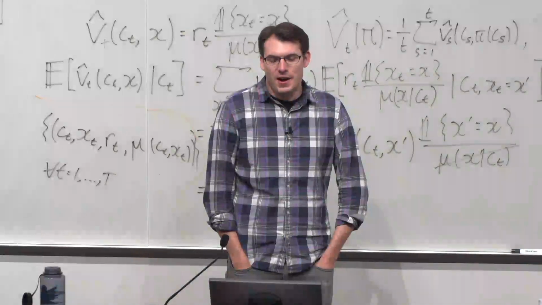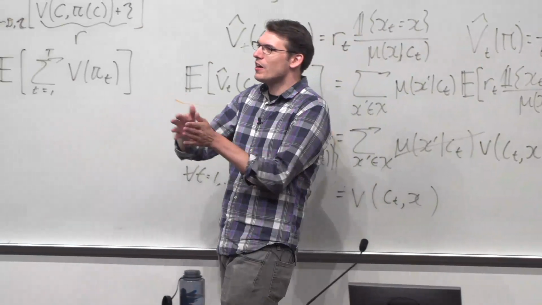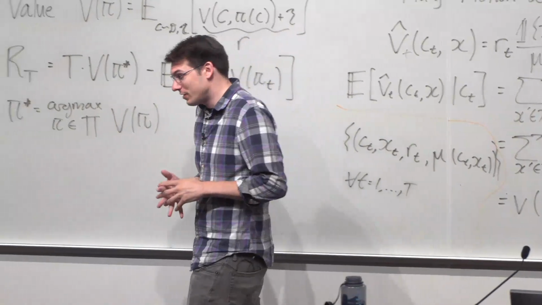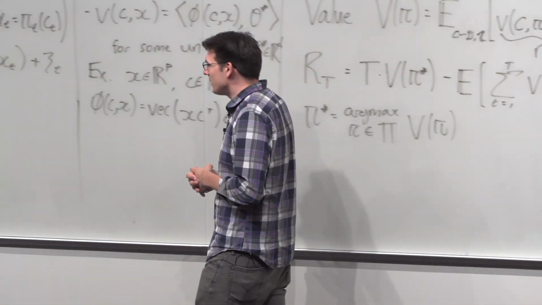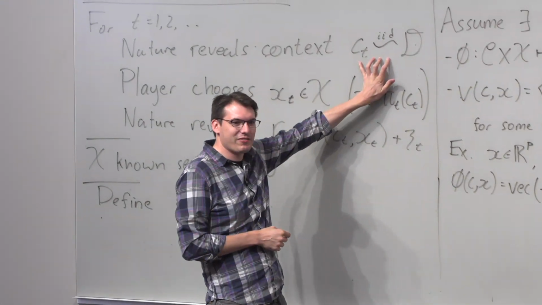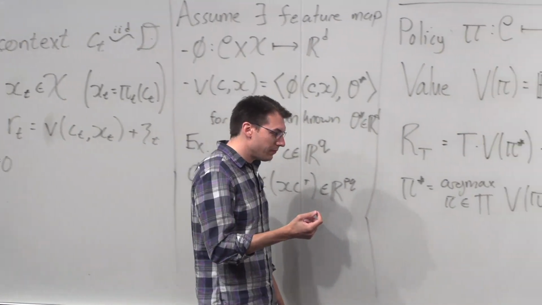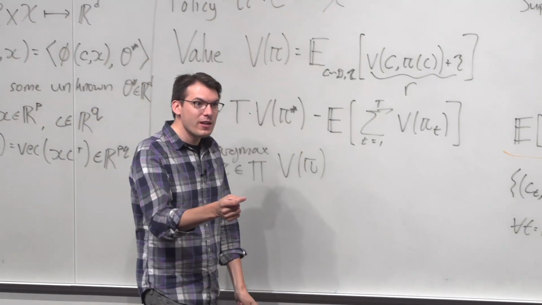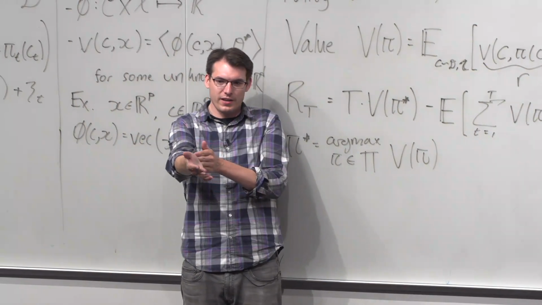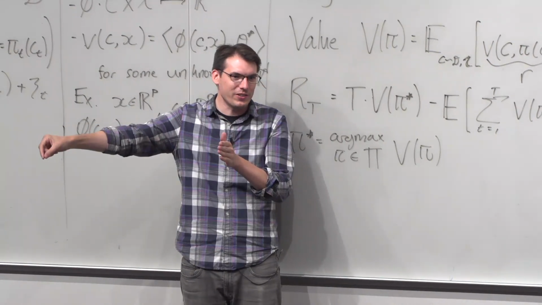So what she's pointing out is that if you're coming to this doctor multiple times, this context is actually changing over time. And it's a time series, and they're not just arbitrary. I mean, this assumption that the context is IID is clearly false. And that's absolutely true. And moreover, if at this time I take this action, I give you this treatment, that's actually going to change the context I see in the future.